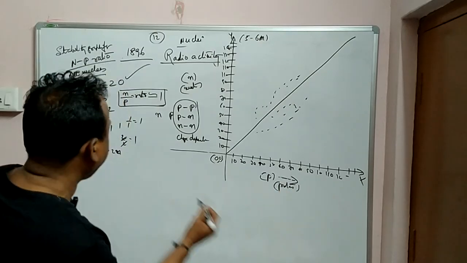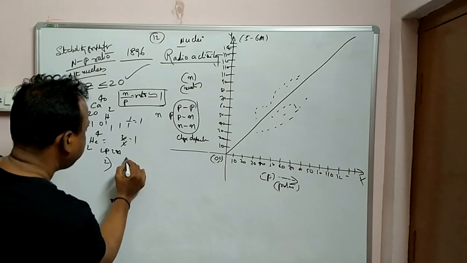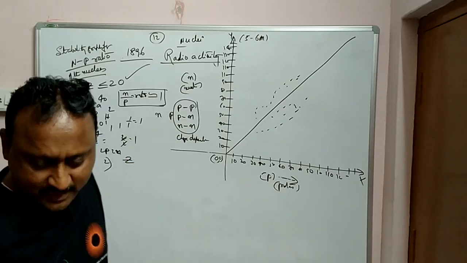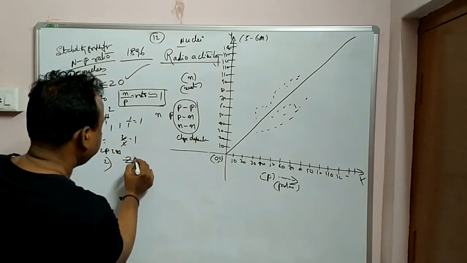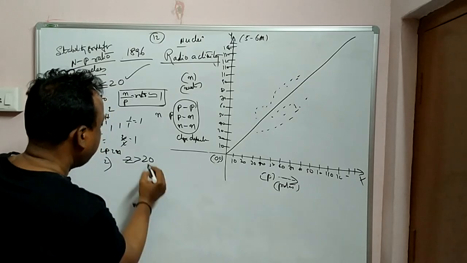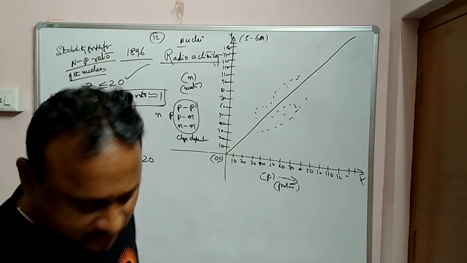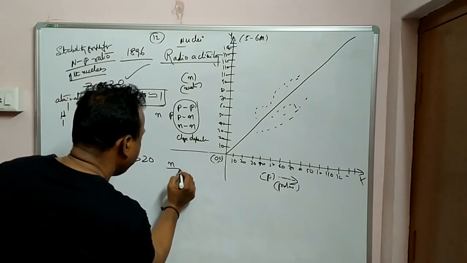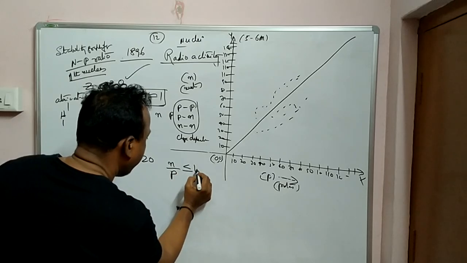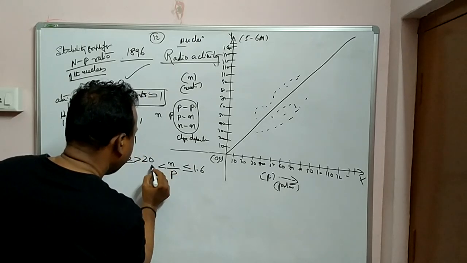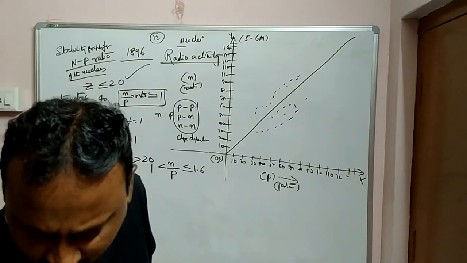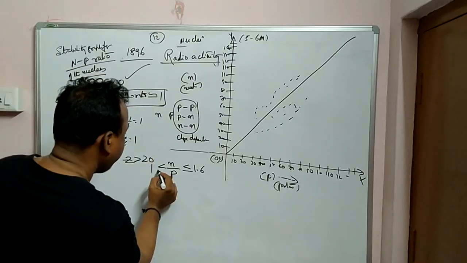Now let us study the second part: atomic number greater than 20. For atomic number greater than 20, the neutron-proton ratio is less than or equal to 1.6 and greater than or equal to 1.